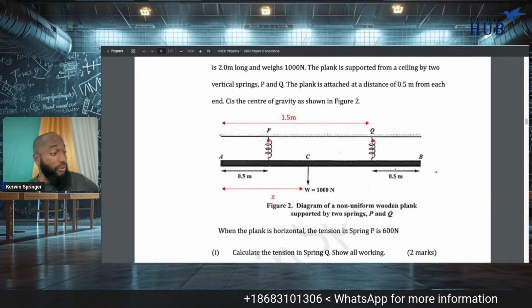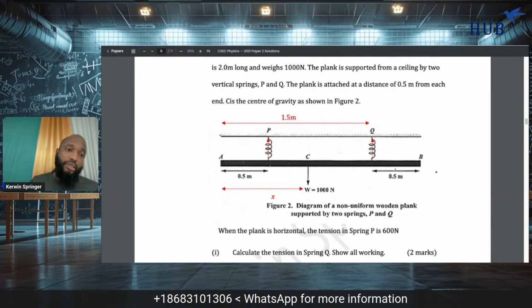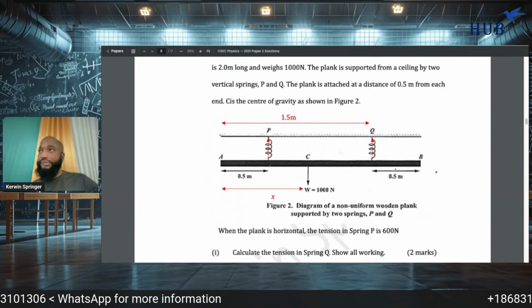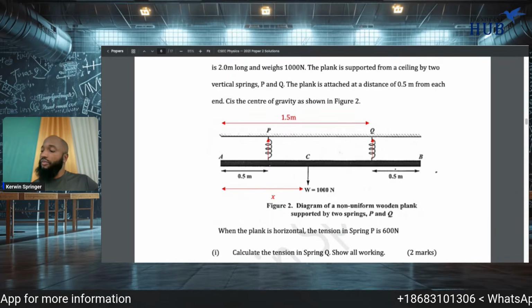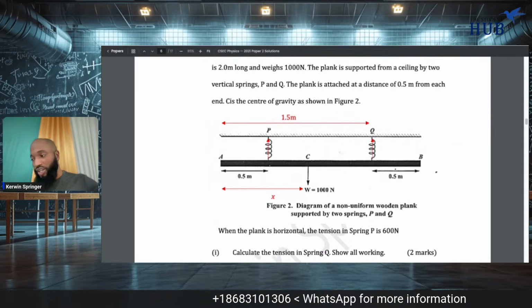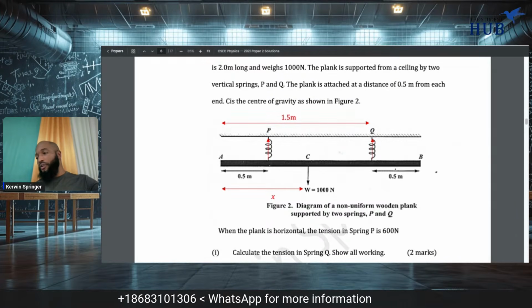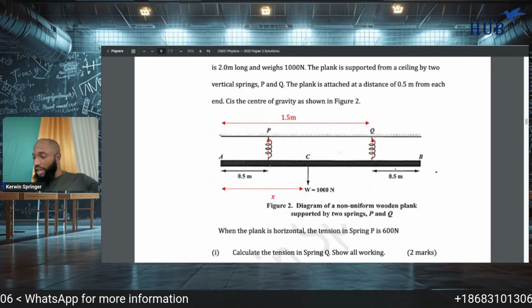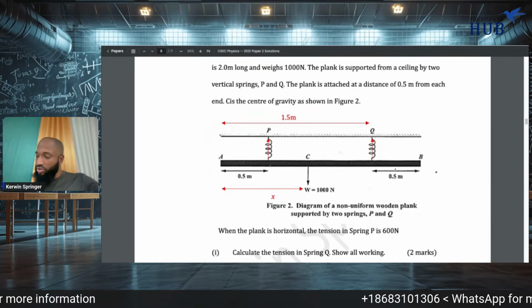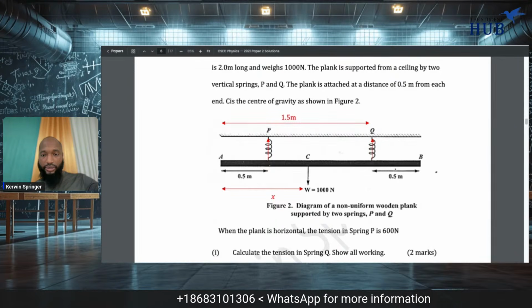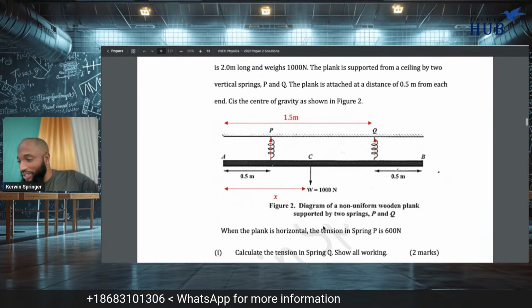Everybody, I'm giving you all, including YouTube, a 3 minute head start. Try and work out X. You have everything that you need, because P is given as 600, Q is 400, W is 1000. We're trying to work out X, the distance. That was it for the question.